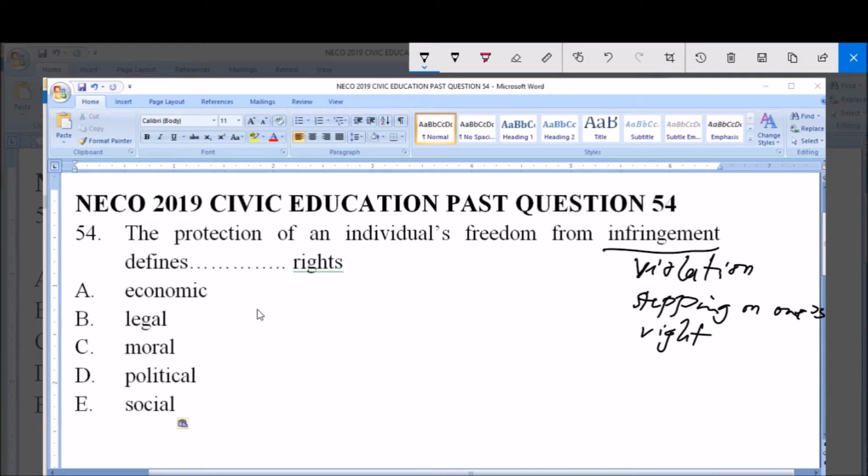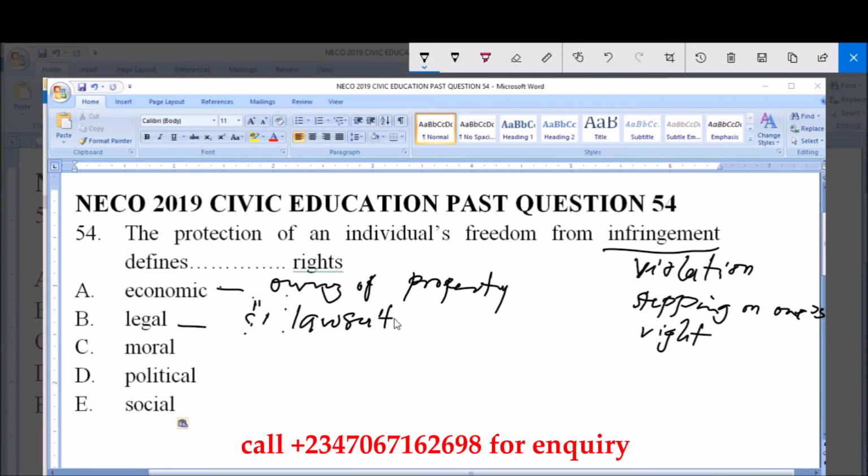A. Economic. B. Legal. C. Moral. D. Political. E. Social. When we talk of economic right, it has to do with owning of property. The legal right has to do with law suits.